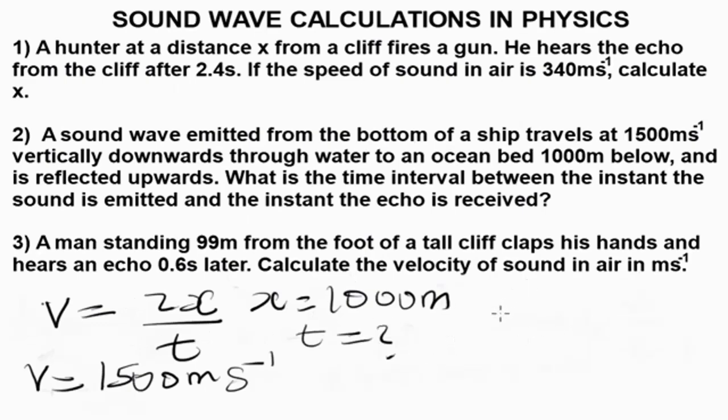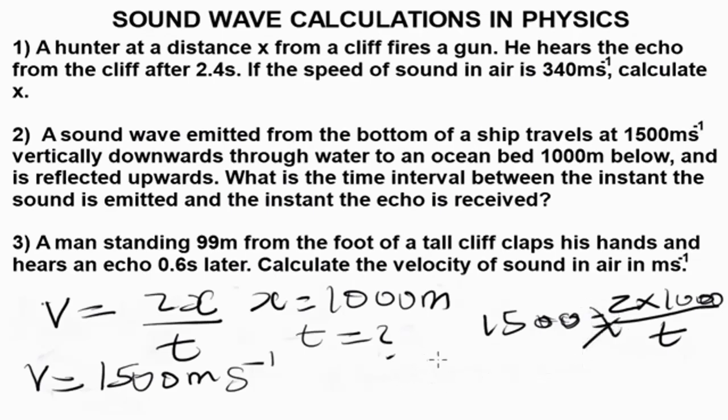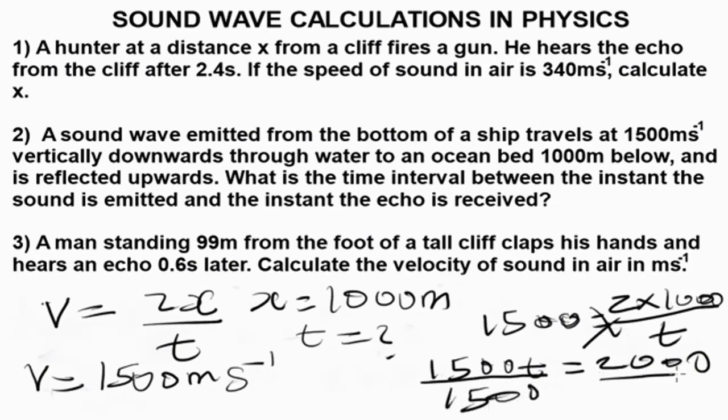When you do it, you're going to have 1500 equals 2 times 1000 over t. When you cross multiply, you're going to have 1500t equals 2 times 1000, which equals 2000. To make t the subject of the formula, divide both sides by 1500.